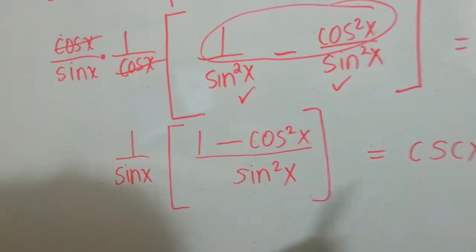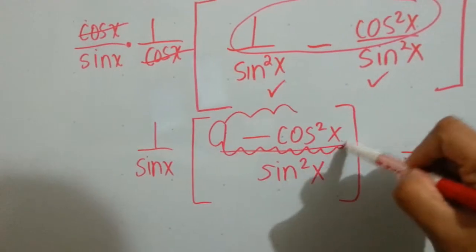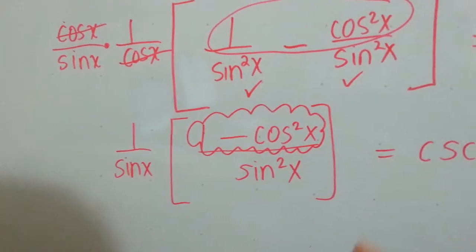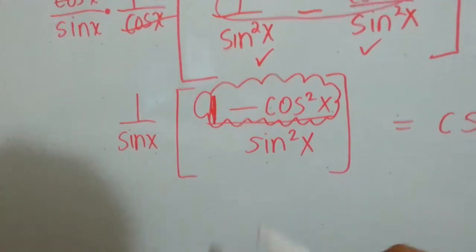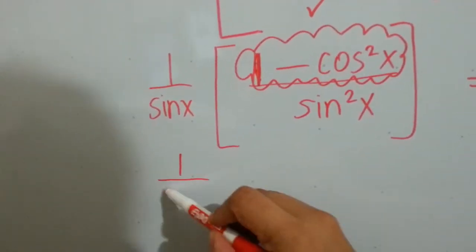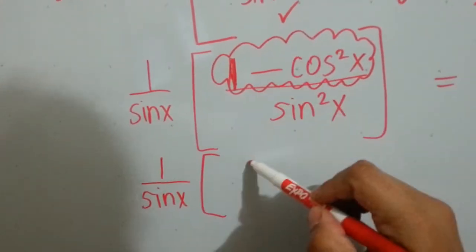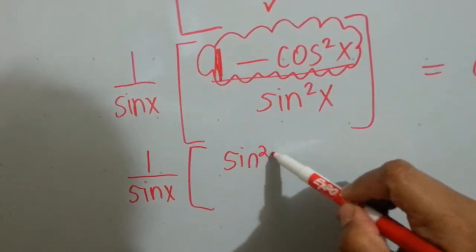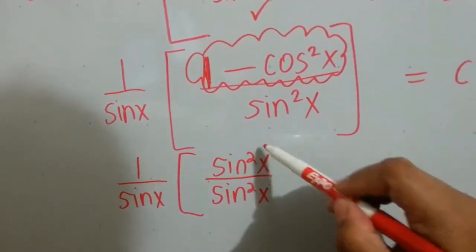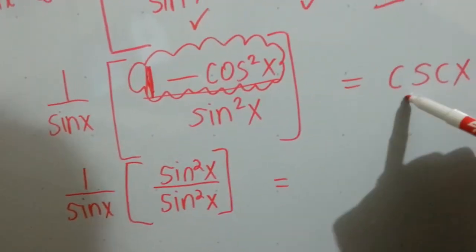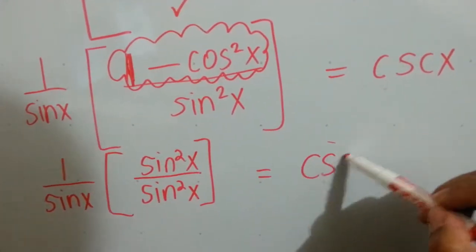And if you've been paying attention, you know what this equals. If you don't, stop the video right now and go look in your identities. 1 minus cosine squared x is sine squared x. So 1 over sine x, times sine squared x, the numerator, over sine squared x, equals, and we just bring this down, cosecant x.